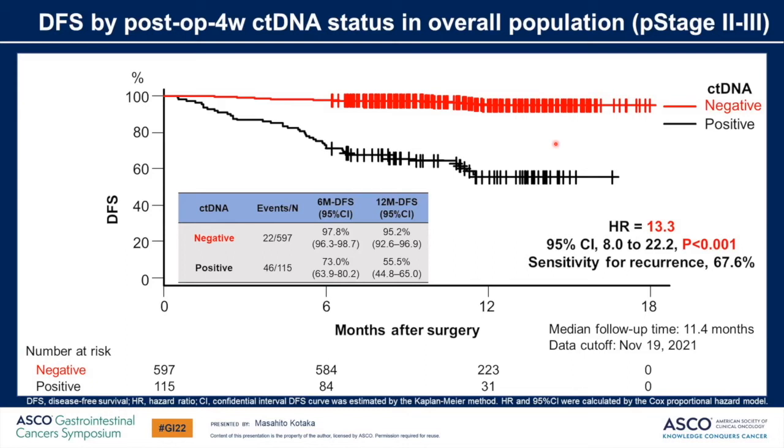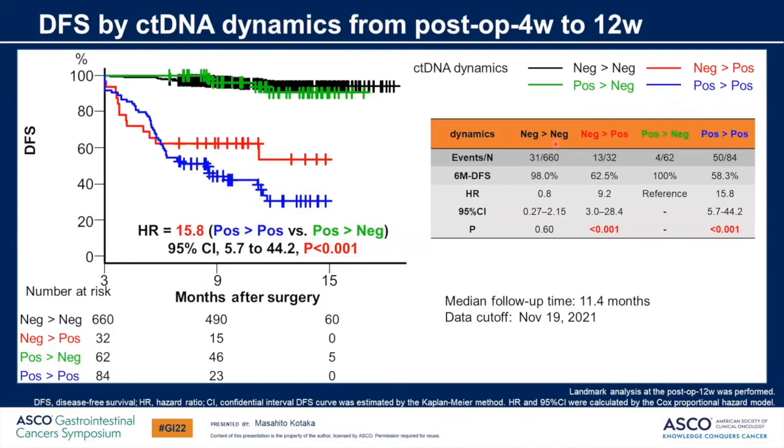Now, the other data that we can talk about here, and again, I don't want to dive too much into the weeds, but really thinking about, well, what about patients who then went on to get some adjuvant therapy and had changes in dynamics. So what you can see is that if you were able to get to negative with some adjuvant chemotherapy, for example, here in the green line, even if you're positive before, things look really good, right?